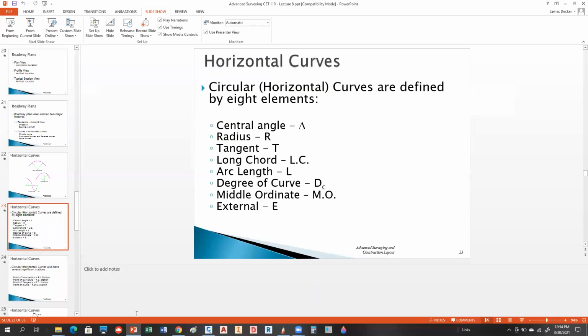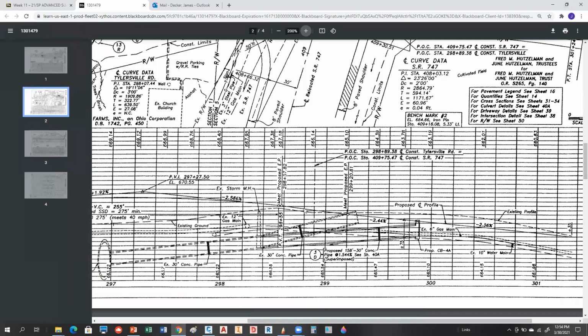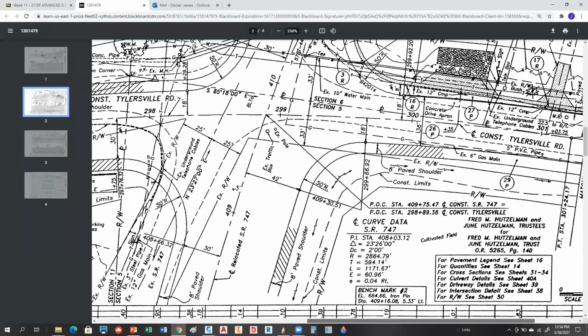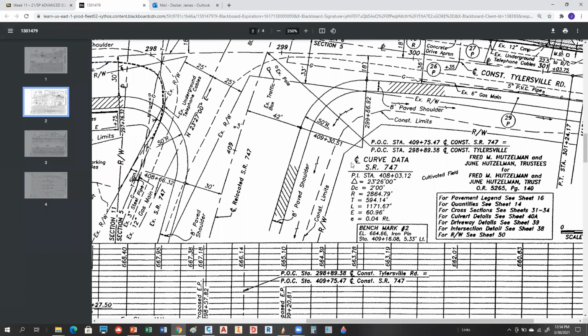If I look at this right here, notice this says centerline curve data, and it says for the curve of 747. So we're talking about this curve right here sweeping through here. So it has a delta of 23 26 00. Notice that's in degrees, minutes, seconds.